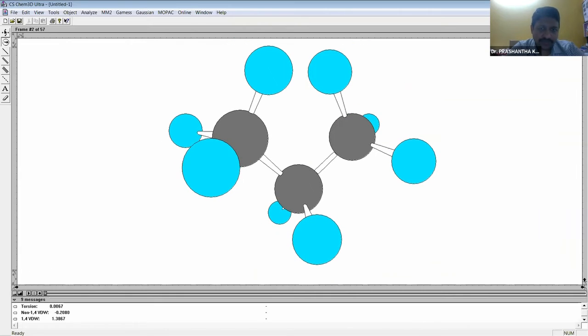This is how it was initially, the incorrect structure. Then I performed the energy minimization. I'm just showing you the step that happened within a few seconds, but if we want to see the changes that happened, I am playing it now here.